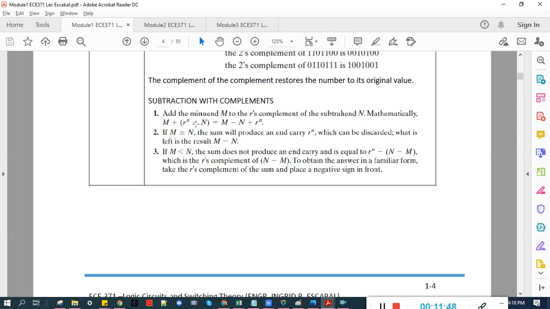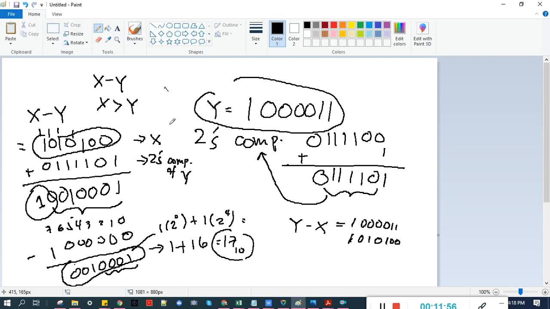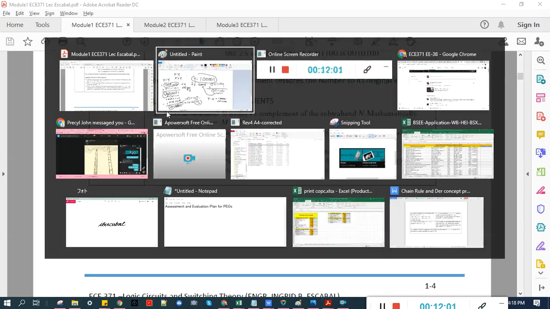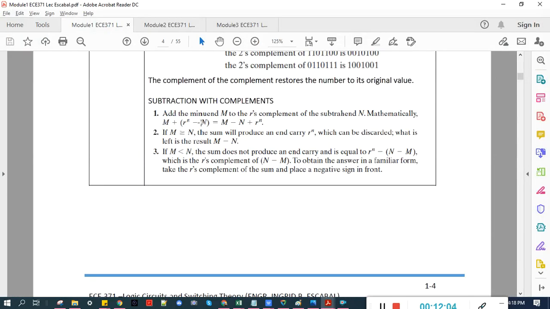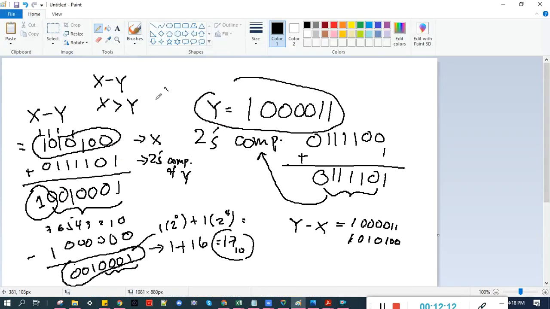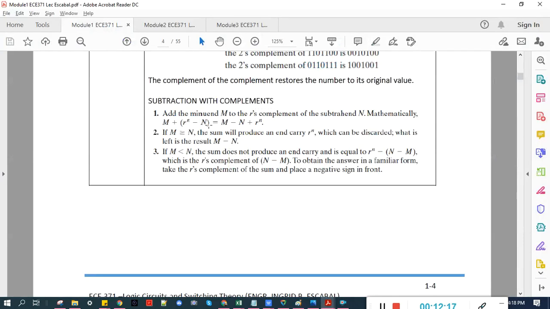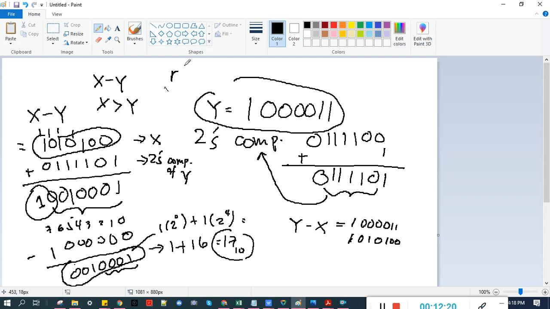So what we did: x is the minuend, and y is the subtrahend, so we get the 2's complement of y, which is r to the n minus y.